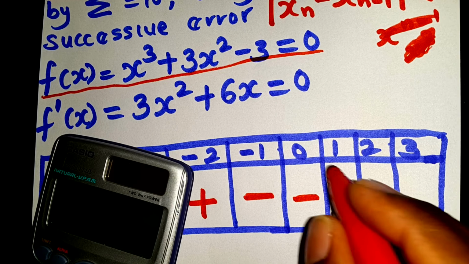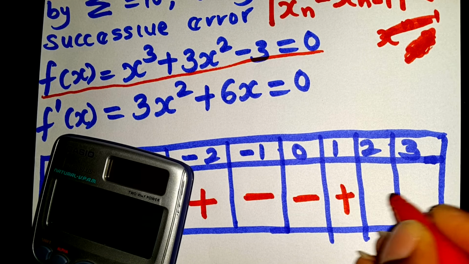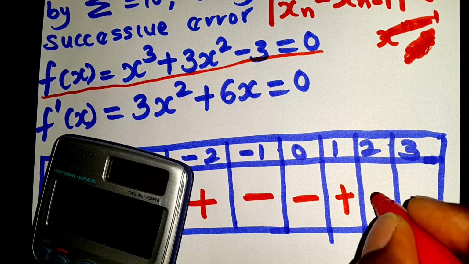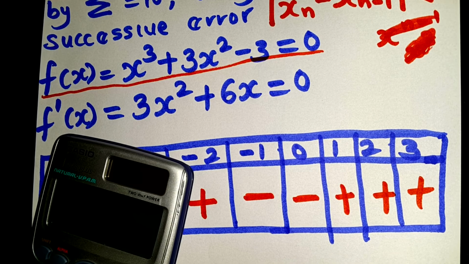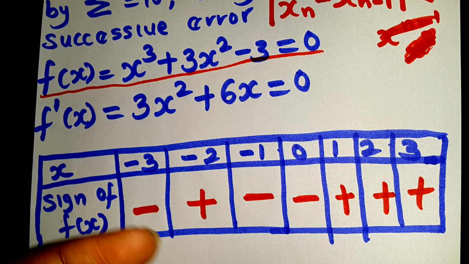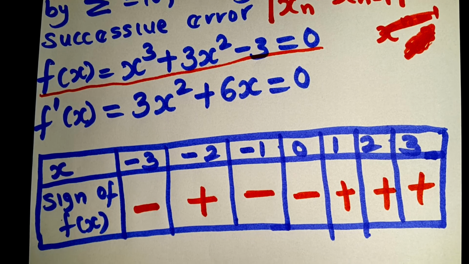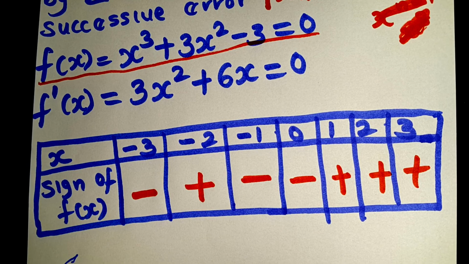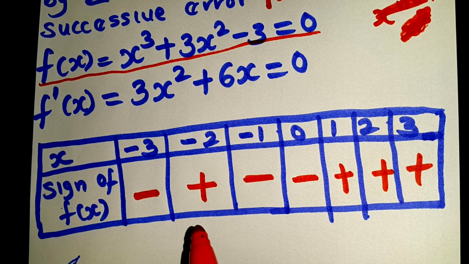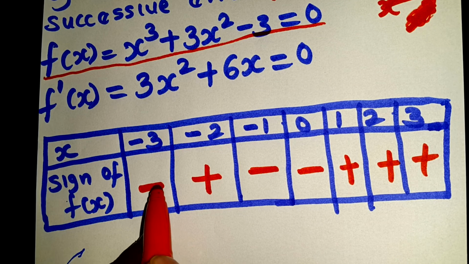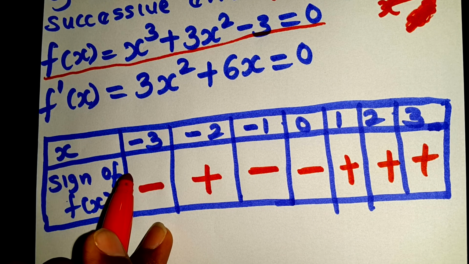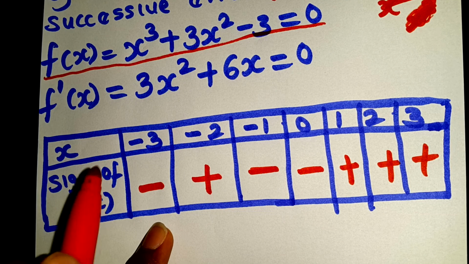So if you put 1 here, we have positive. If you put 2, we have positive. Also 3, which will be positive. Just try to check with your calculator. So that's it. You just have to check where the sign changes.